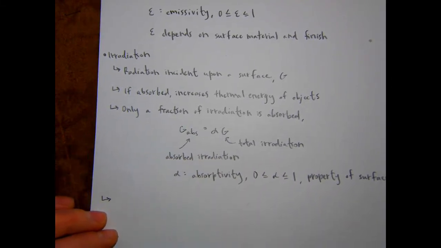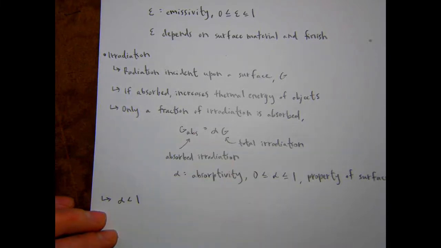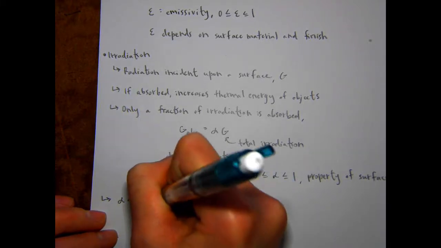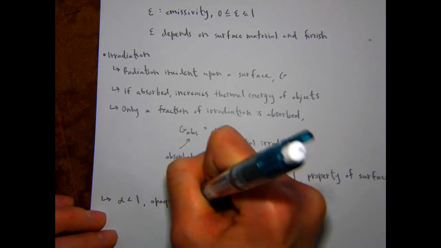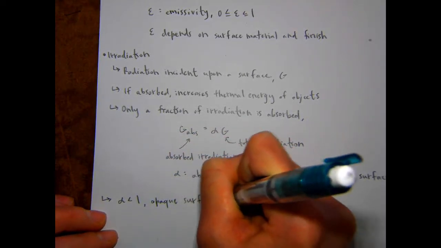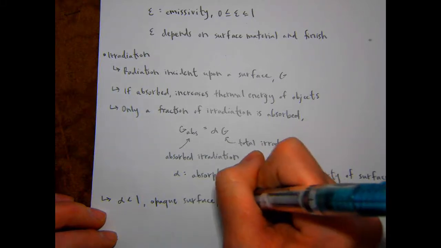So we can have a couple of different cases. If we have alpha less than 1 with an opaque surface, now we have some of the radiation being absorbed, and because the surface is opaque, some of it's going to be reflected.